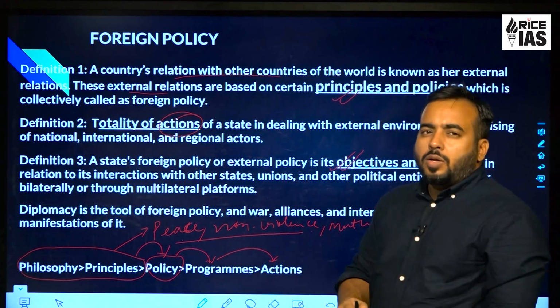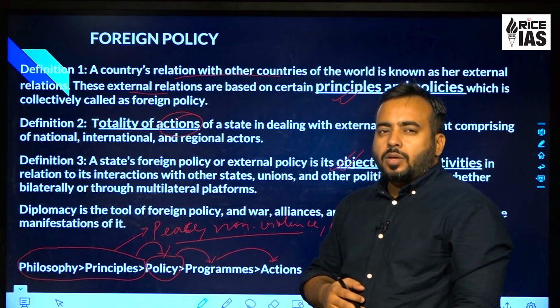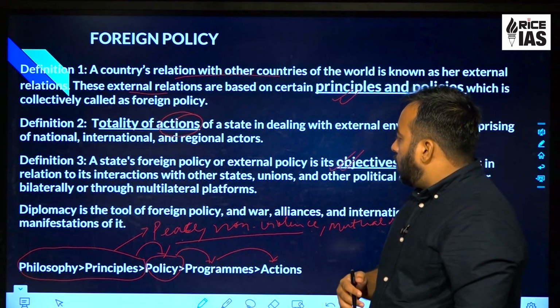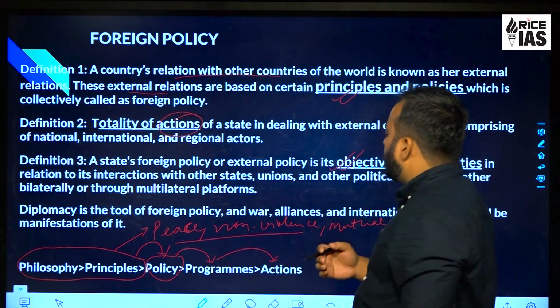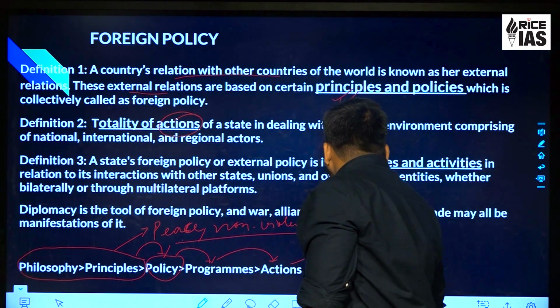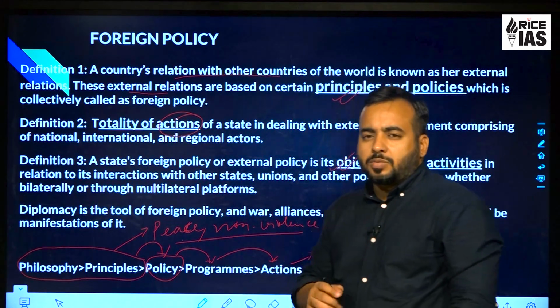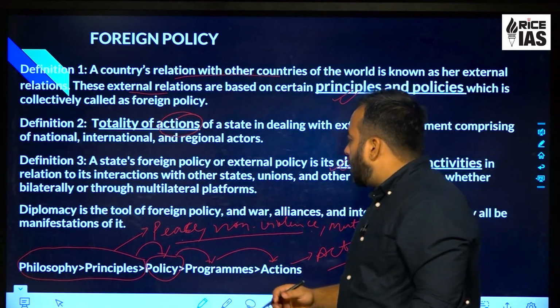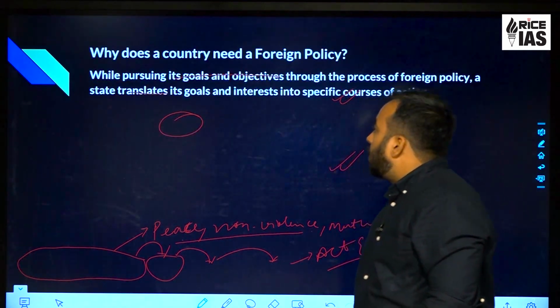For example, look east policy and then act east policy. So, peace, non-violence, mutual respect and then act east. That is one example. We will have a look at it in subsequent lectures, but for now let us look at the next slide.